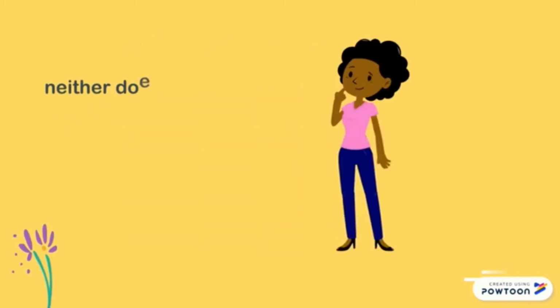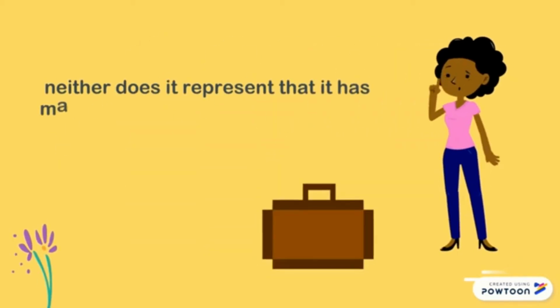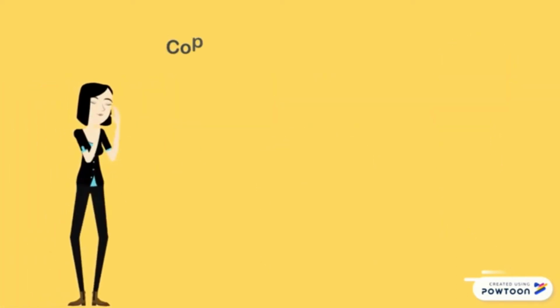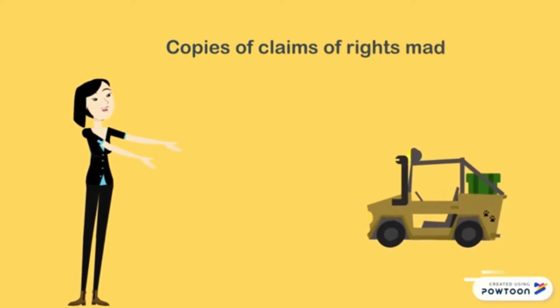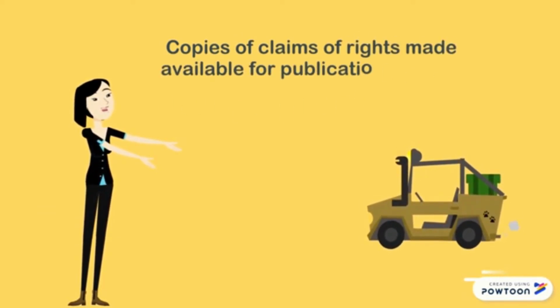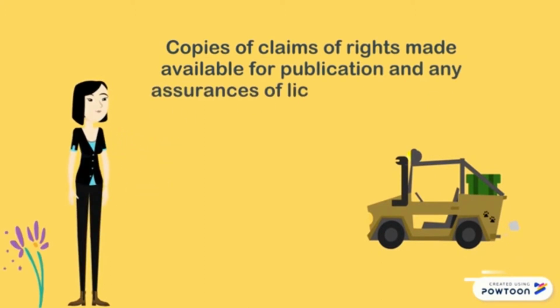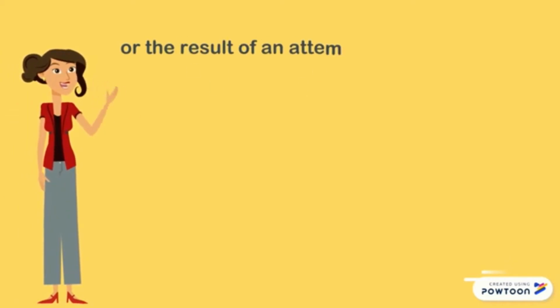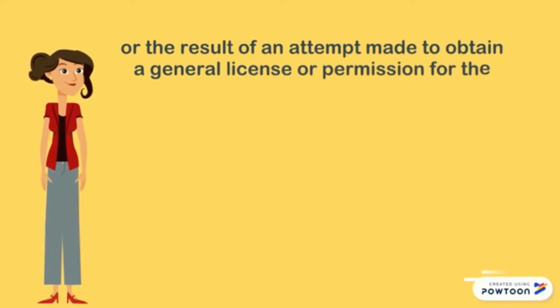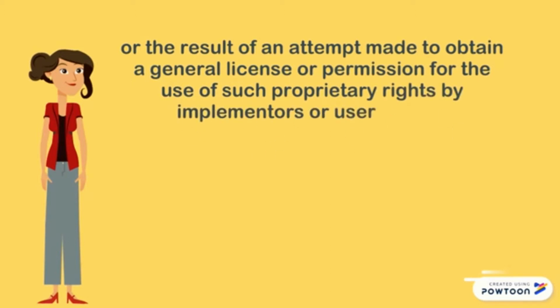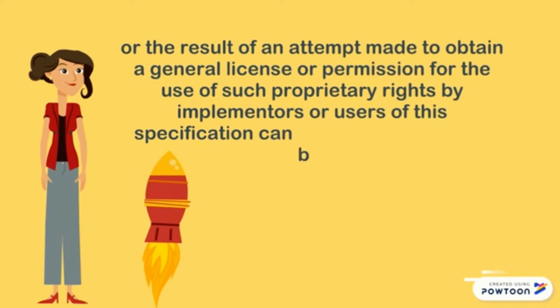Neither does it represent that it has made any effort to identify any such right. Copies of claims of right made available for publication and any assurance of license to be made available, or the result of an attempt made to obtain a general license or permission for the use of such proprietary right by implementers and users of this specification, can be obtained from the IETF Secretariat.